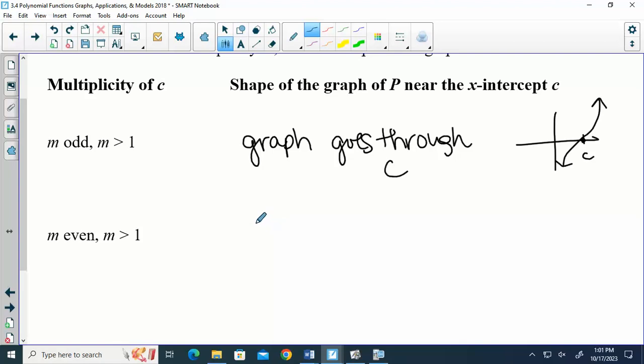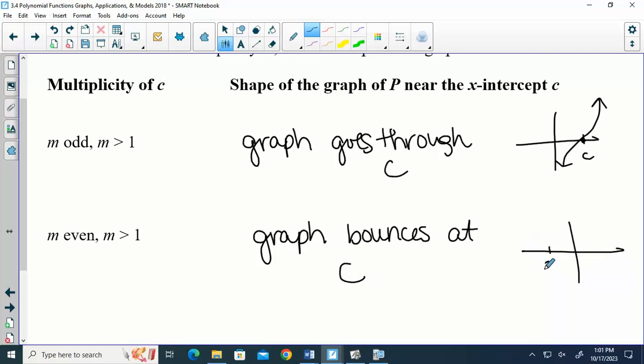If it is an even multiplicity, and we know multiplicities are always positive numbers, the graph will bounce at that number. So we'll have a graph that hits it and bounces off. So that's the even or odd multiplicity.